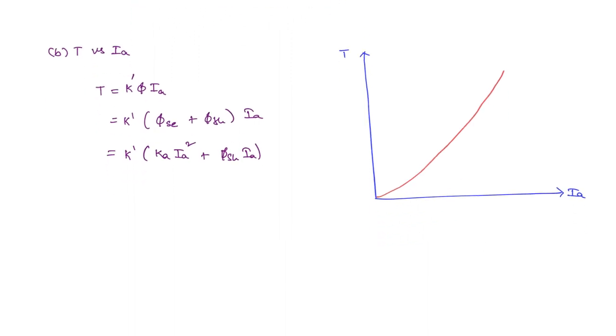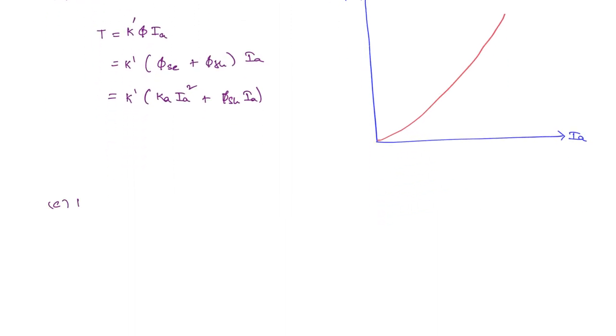Okay. And finally, the speed versus torque characteristics. So we write omega in terms of IA, and IA we will express in terms of torque. Then you are going to get the relationship between N and T. But you don't have to do it because it will become very complex. The equations that we have here are pretty complex.